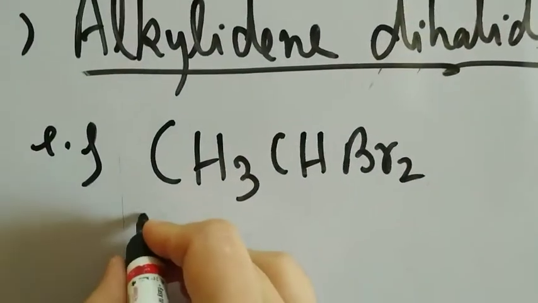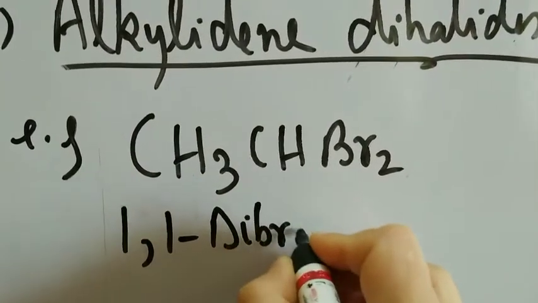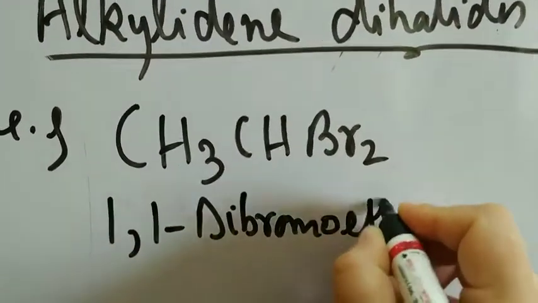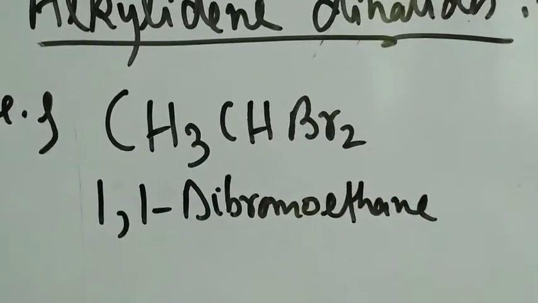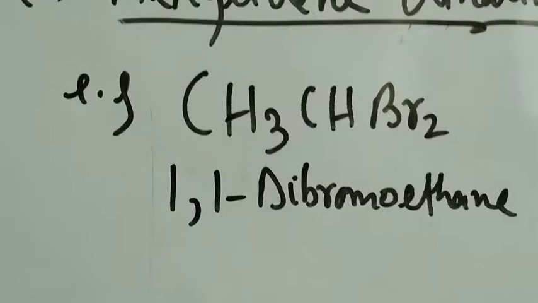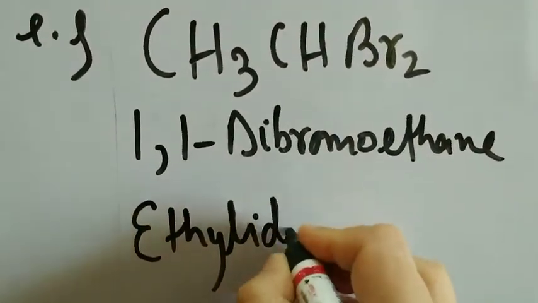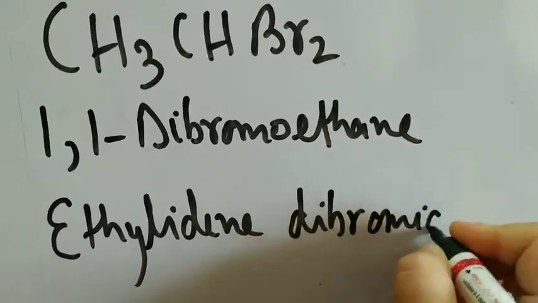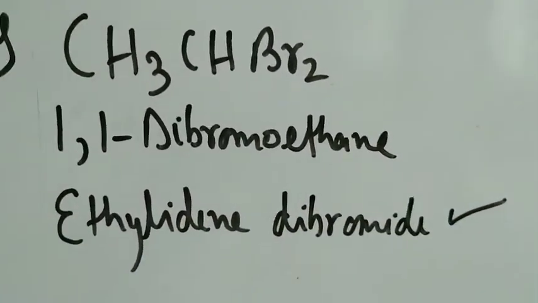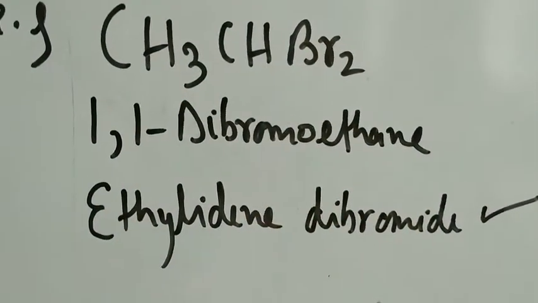In IUPAC, we will simply call it 1,1-dibromoethane. It is a dibromoethane, and 1,1 is the same pair. But what is the name in the common system? The name is ethylidene dibromide. And as I said, in this class of compounds, the names in the common system are important. You should be able to write down these names.